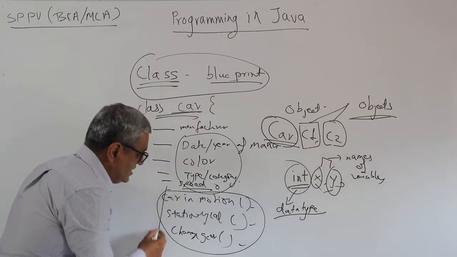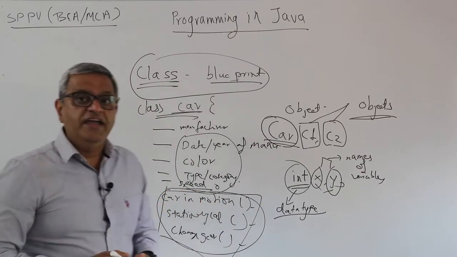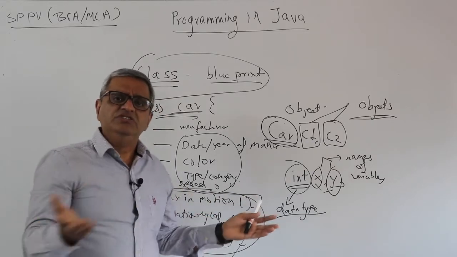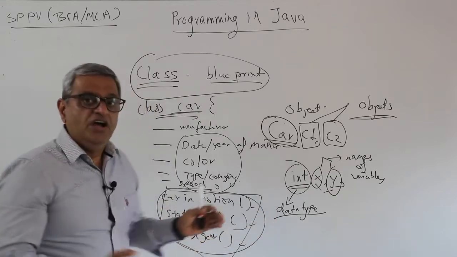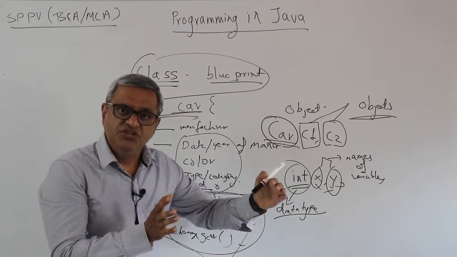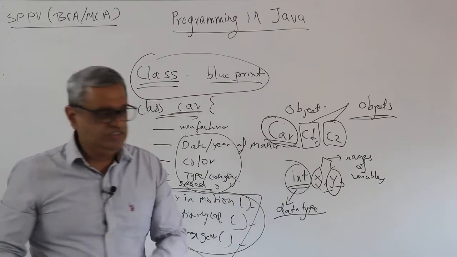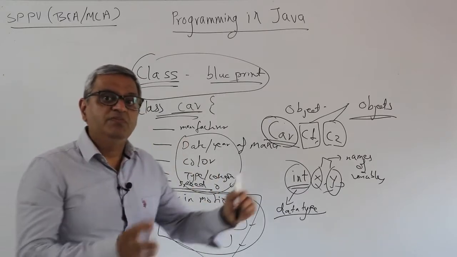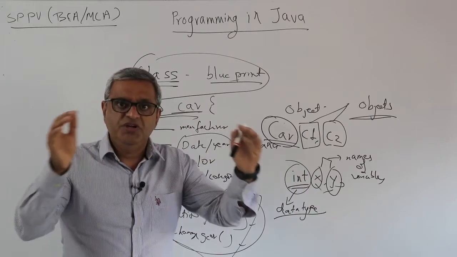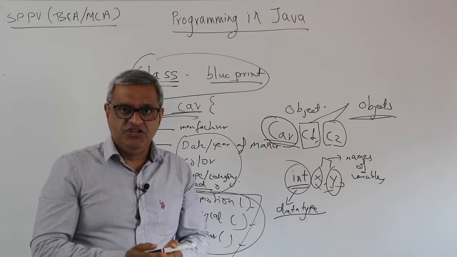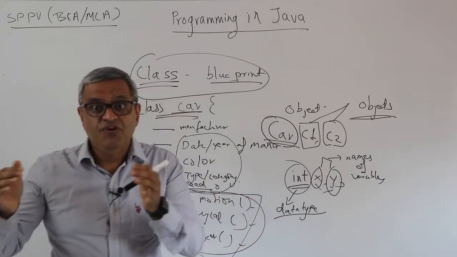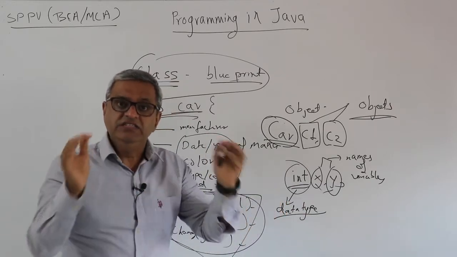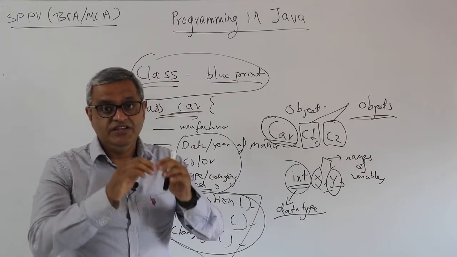But in class, apart from members, I can also have methods, and these methods are nothing but functions in C. So my class is a combination of attributes and methods, and these methods are actually used to manipulate my attributes. So a class becomes a complete package of data and functions or methods that could manipulate that data. And this basically is nothing but data encapsulation.